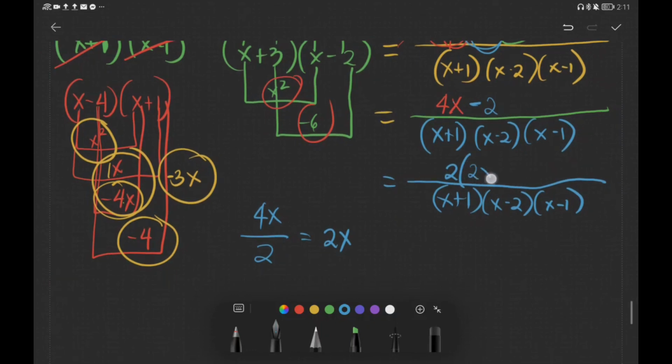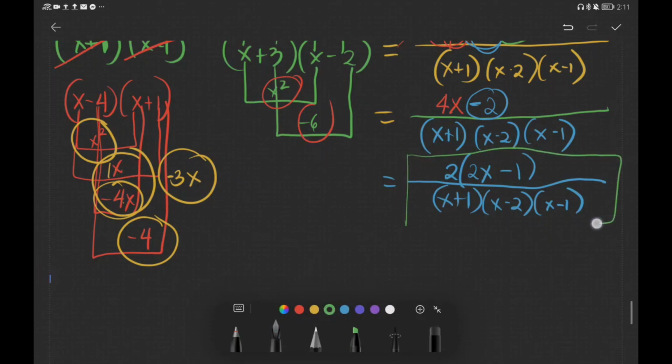Negative 2 divided by 2, this is negative 1. So, minus 1. Are there common factors in the numerator and denominator? I believe none. So, our final answer is this one.